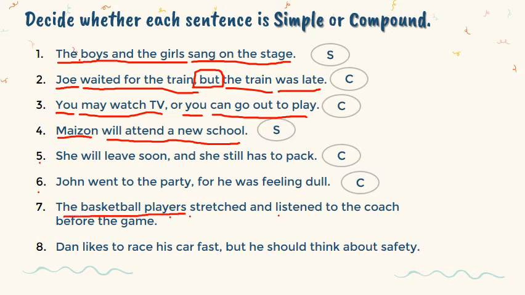Stretched and listened to the coach before the game, this is the predicate. Even though it's a long sentence, it has one independent clause. So this is a simple sentence. Number 8: Dan likes to race his car fast, but he should think about safety. This is a compound sentence.